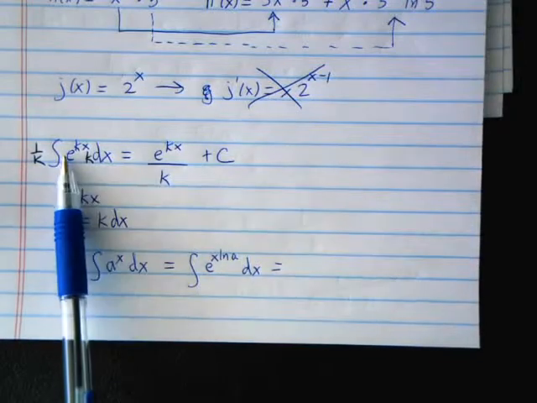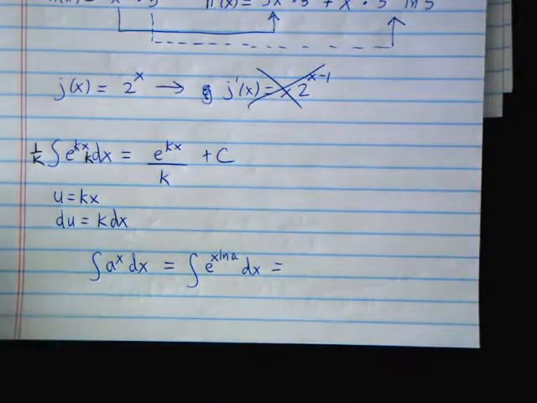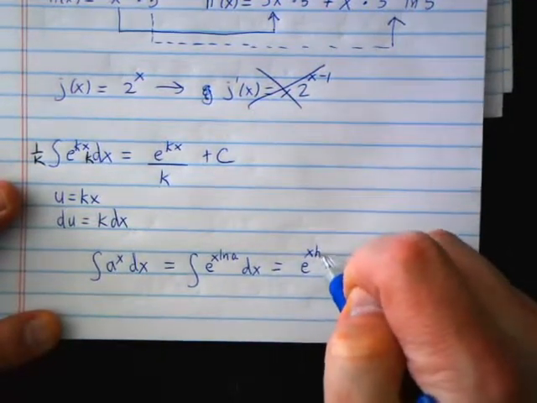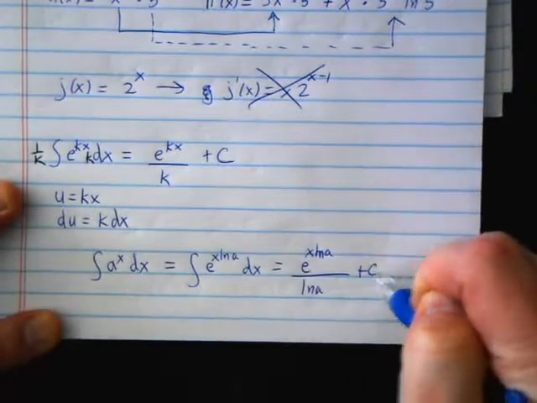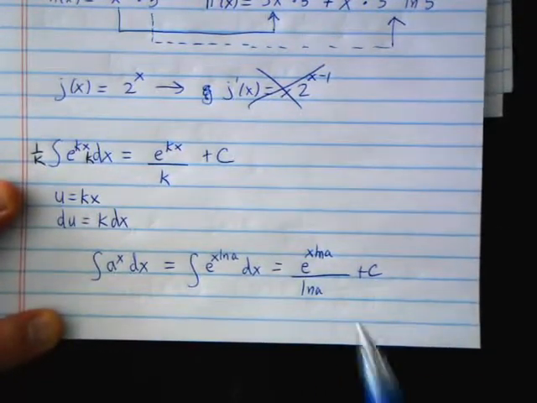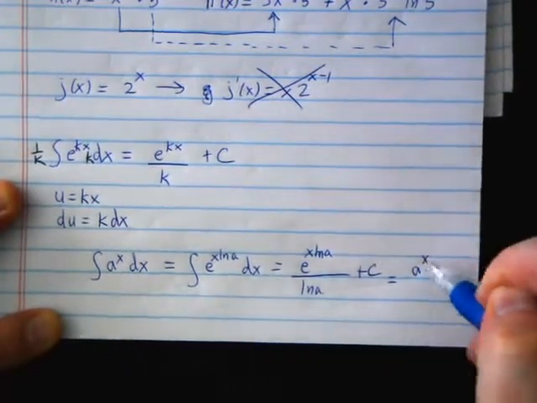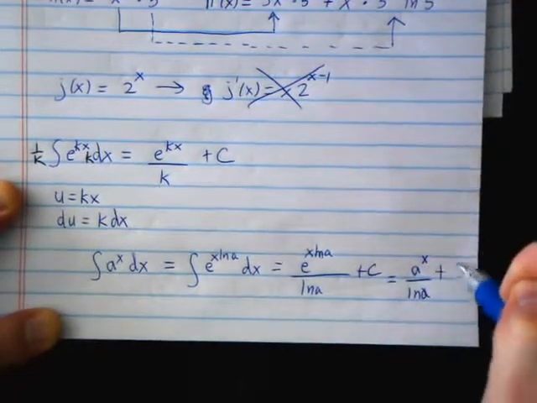This is e to a number times x. So the antiderivative is going to be plus c. But e to the x ln a, that's our a to the x that we started with.